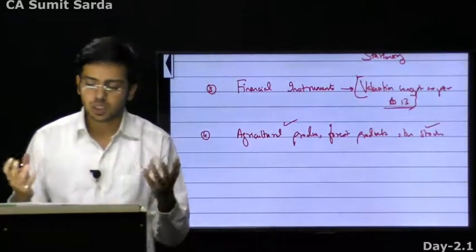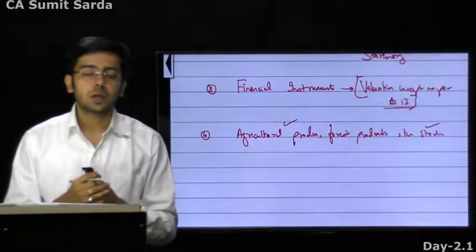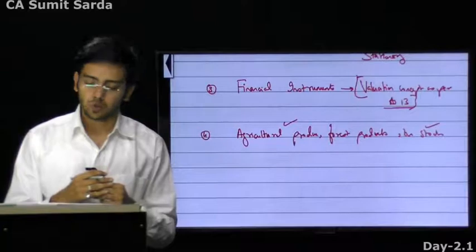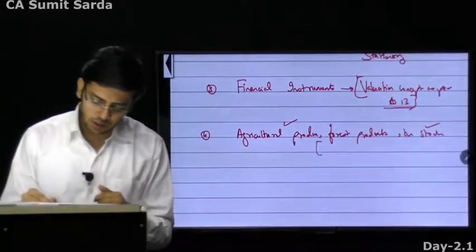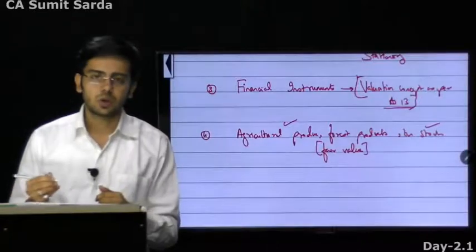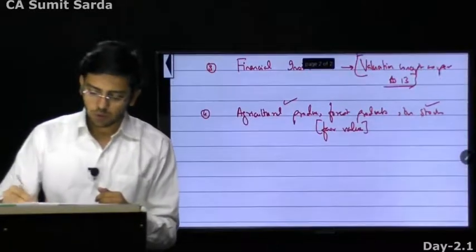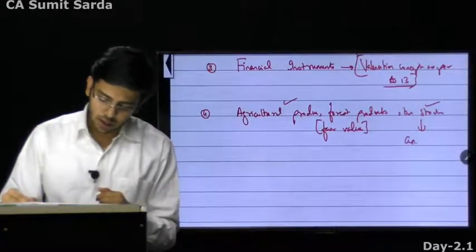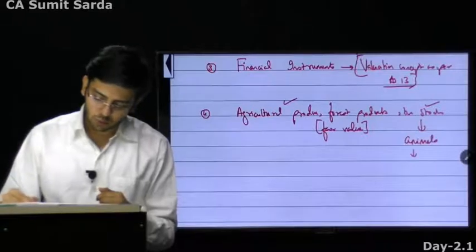The pet shop has various such livestock with them. AS2 is not applicable to them. Generally, the valuation technique they use is fair value. So when I talk about livestock, and livestock means animals, but what about produce from such animals?